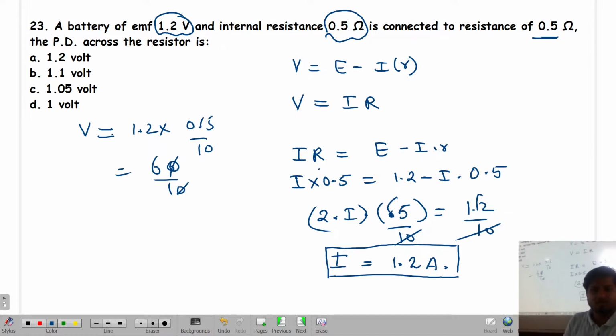Potential drop across the resistor is 1.2 into 0.5.